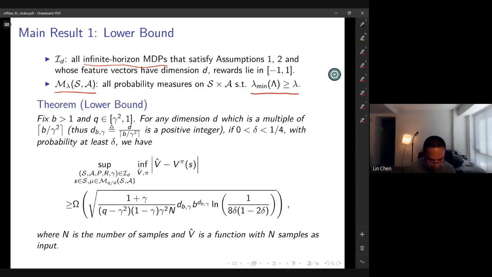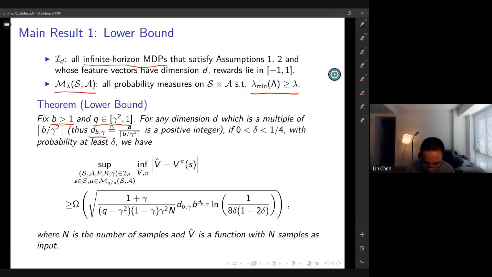And here is our lower bound. We fix B greater than 1 and q to be a constant between gamma squared and 1, and for any dimension d which is a multiple of the ceiling of B over gamma squared. In other words, this integer d_{B,gamma}, which is equal to d over the ceiling of B over gamma squared, is an integer.